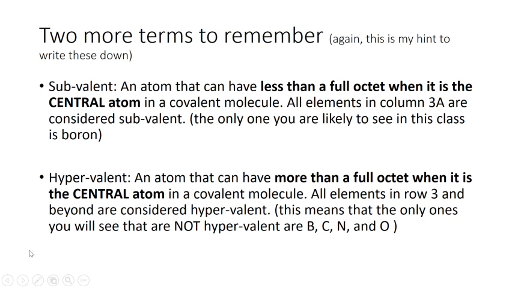All elements in column 3A are considered subvalent, though the only one you're likely to see in this class when you're drawing a diagram is going to be boron. The other term is hypervalent. This is an atom that can have more than a full octet when it is the center in a covalent molecule. All elements in row 3 and beyond are considered hypervalent. So the only ones you'll see that are not hypervalent are boron, carbon, nitrogen, and oxygen.